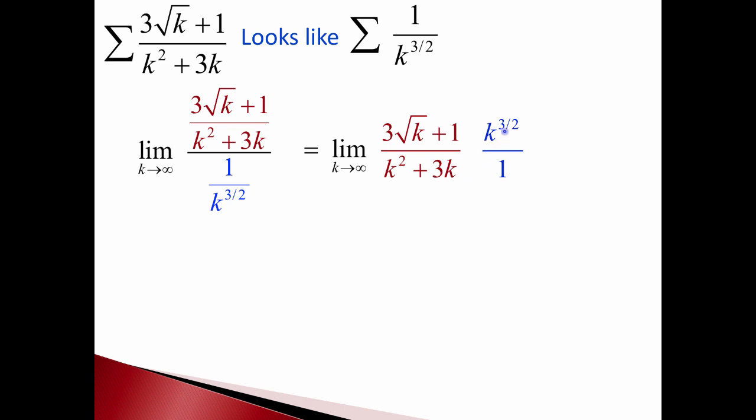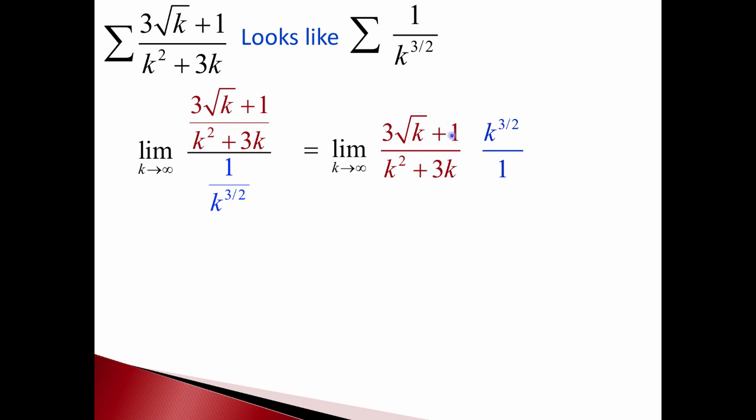k to the 3/2 now, if I distribute this through, I would get 3 square root of k times k to the 3/2. So this is the 1/2 power, 3/2 power makes 4/2 power. So this 3 square root of k, when I distribute the k to the 3/2 through, becomes 3k squared.